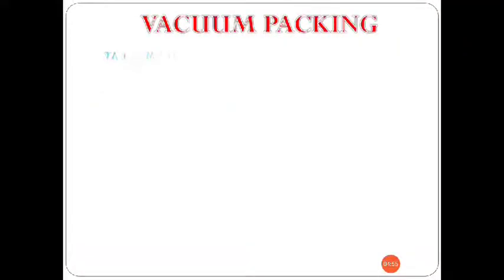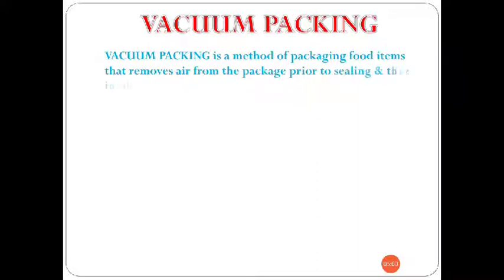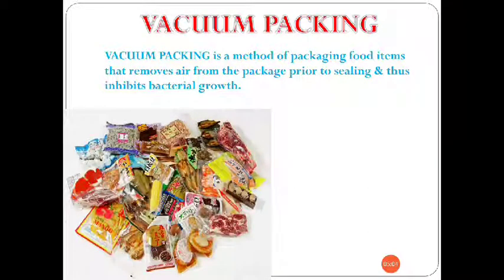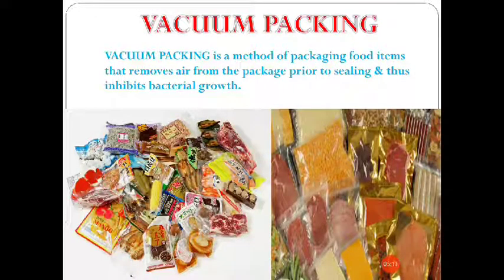Another method of preservation is vacuum packing, which is being liked by you children so much. In vacuum packing, actually, what is being done? Food items, before packing only, the air is being removed. Why? Because air and moisture are needed for the growth of microorganisms.